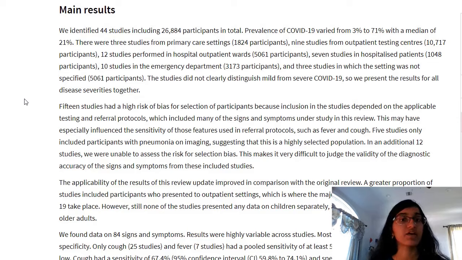They're using 44 studies, and prevalence of COVID-19 varied from 3% to 71%. So it's a very, very large range. And they used studies from primary care settings, outpatient testing centers, hospital outpatient wards, hospitalized patients, emergency department, and other unspecified settings. And all of their COVID-19 cases are presented together, and they aren't split into mild, moderate, severe.